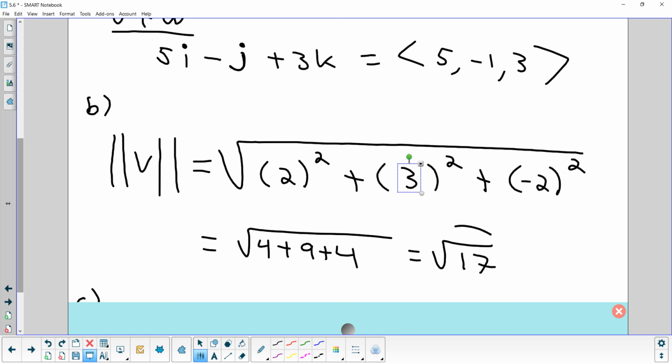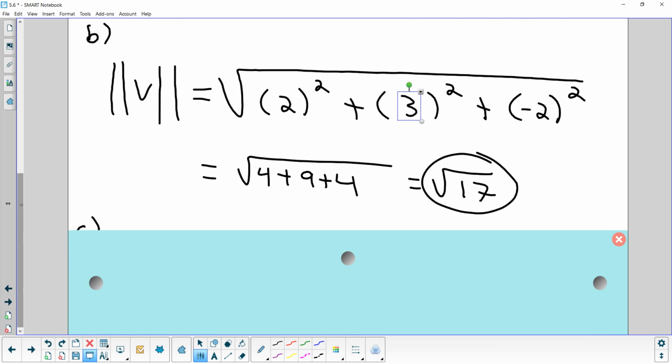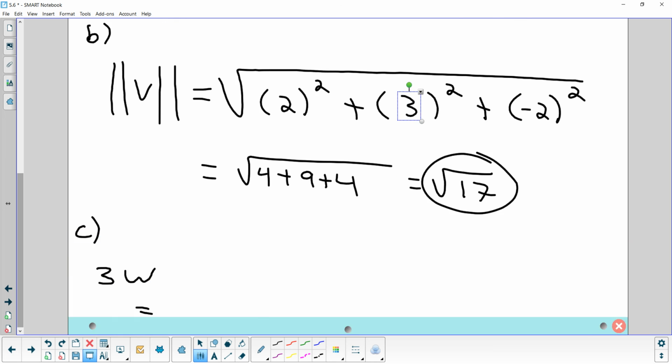If the only thing they could ask you to do here is round that off to a decimal, is there any questions how you type that in on a calculator? All right. So that's how you find a 3-dimensional magnitude. And let's do a 3-dimensional scalar product.